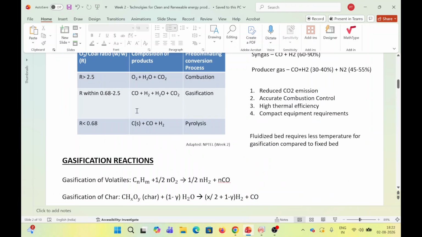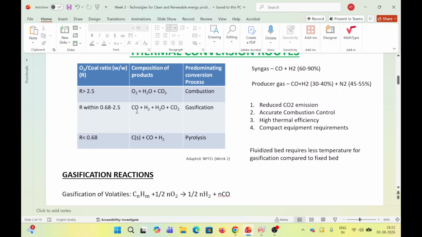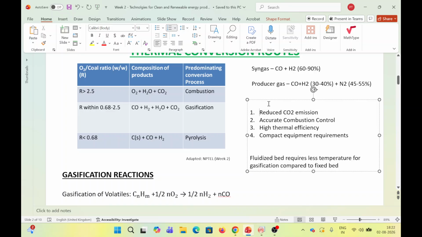So you can actually look at this here. I think I should write it. Advantages of gasification.